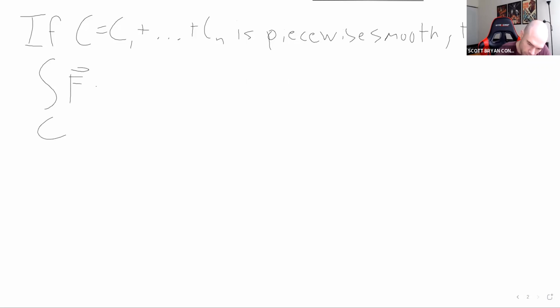If we integrate a vector field over C, we just integrate over the first curve, the second curve, etc., and add them all up. These are supposed to be dots, by the way.